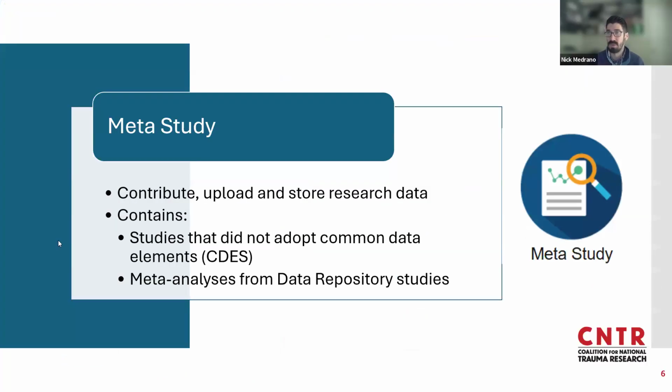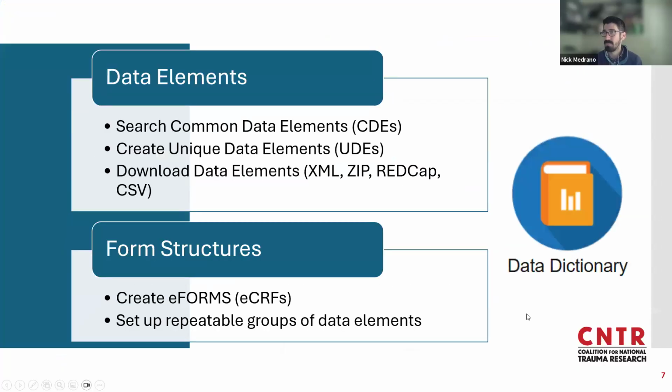Popping into our next module, the data dictionary. The data dictionary is going to hold data elements. These will be those common data elements I've mentioned. Users also have the ability to create unique data elements. We understand that if you have a study on a very specific topic, there's the potential that a common data element doesn't exist to collect that type of information.